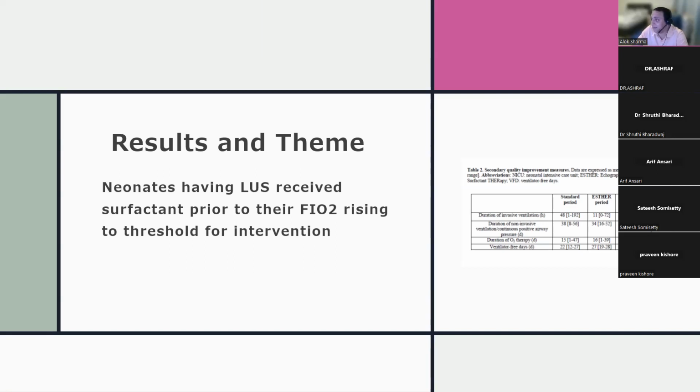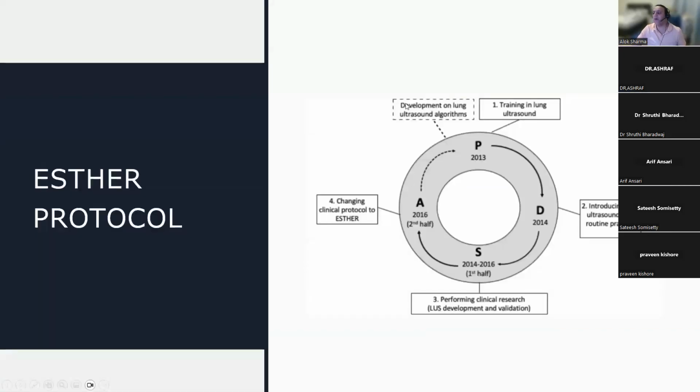What it did demonstrate is that a process of training in lung ultrasound, introducing this into practice through the implementation of the ESTER protocol. And what is the ESTER protocol? So the ESTER protocol says that for any baby between 24 and up to 35 weeks gestation, if they had respiratory distress, they would have delivery room PEEP. They would then be CPAP'd onto the neonatal unit. They'd have their golden hour management. They'd have caffeine.